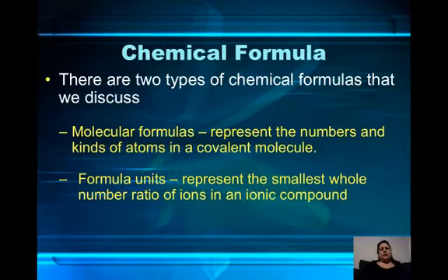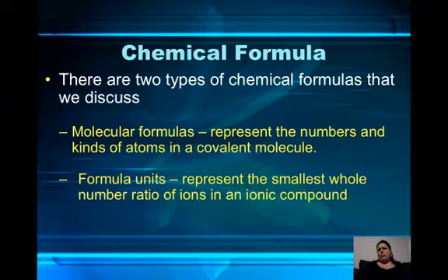They represent the smallest whole number ratio of ions in an ionic compound. Now, the ionic compounds build these big crystal lattices, and we can't write all of the ions that make up that crystal lattice, the cations and the anions. And so we look at the smallest whole number ratio of the cations and the anions, and we call that a formula unit.